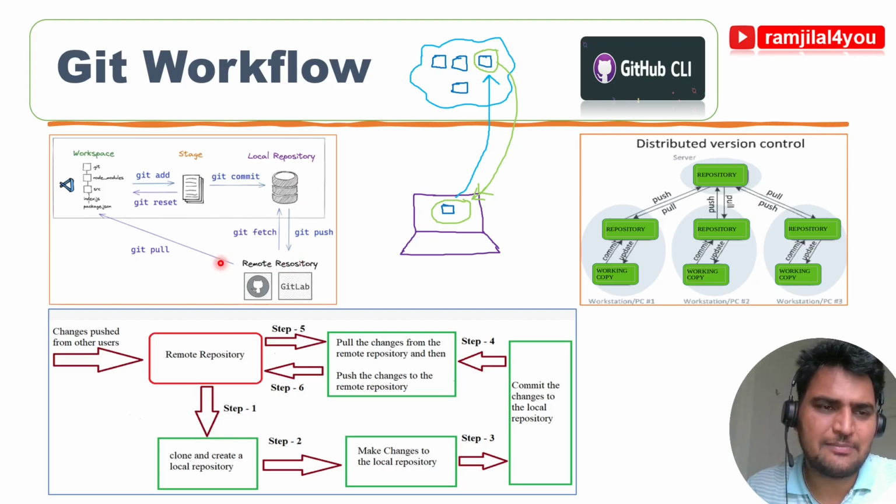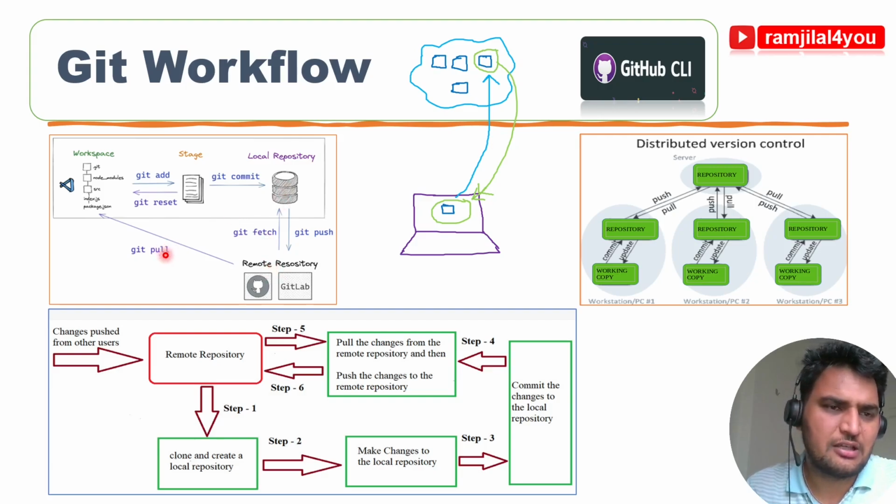Now fetch and pull are two commands. Fetch only copies the changes from the server to the local repository. It does not merge those changes with the working copy. Fetch compares the local and remote, sees the differences, and copies those differences to the local repository.